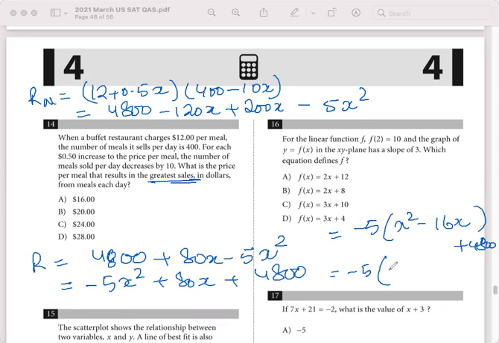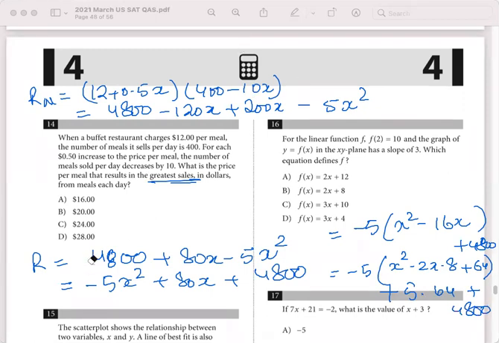Okay, and now I need to complete the square. So x squared minus 2x into 8 plus 8 squared, which is 64. And since I have effectively subtracted minus 5 into 64, I'll add 5 into 64, and 4800 was already there.